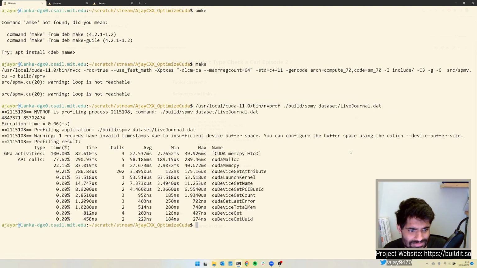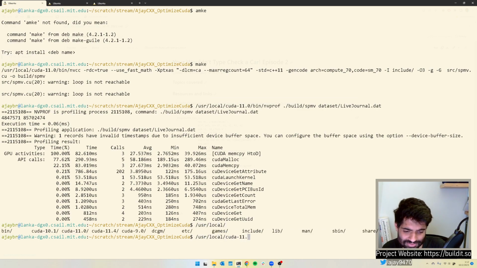Yeah, this is what I need. I think I need to fix this. When I'm running the profiler, it's not able to gather the statistics because it doesn't have enough memory configured for the profiler. So let's fix that.